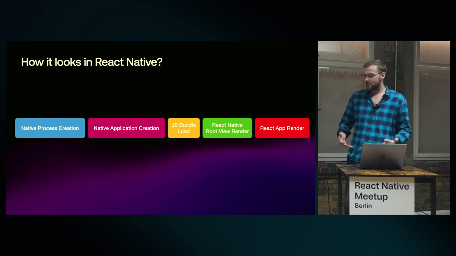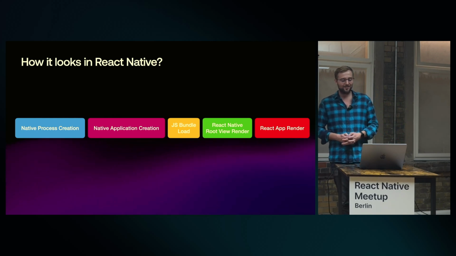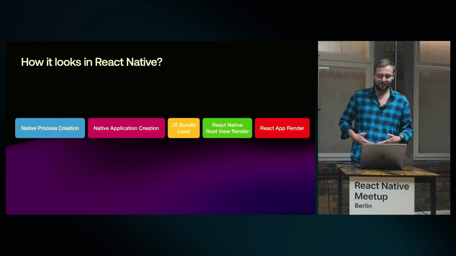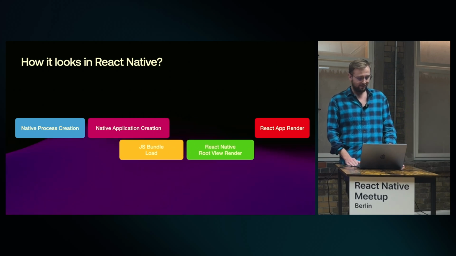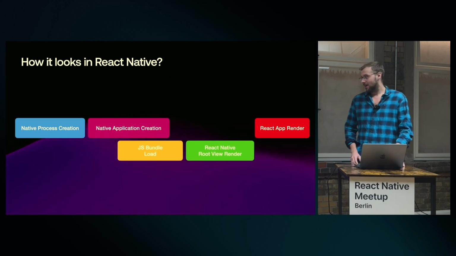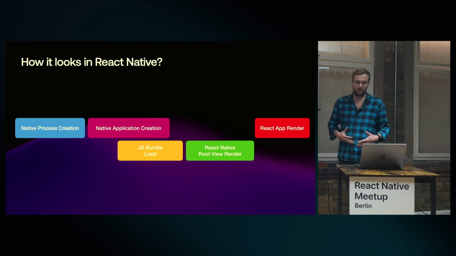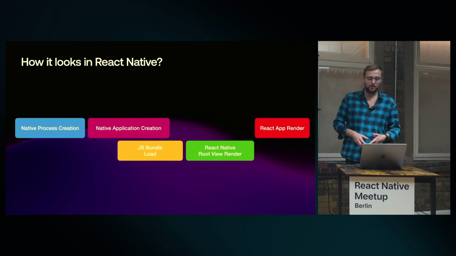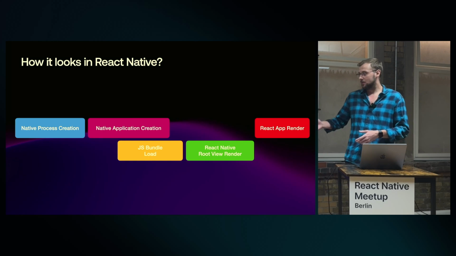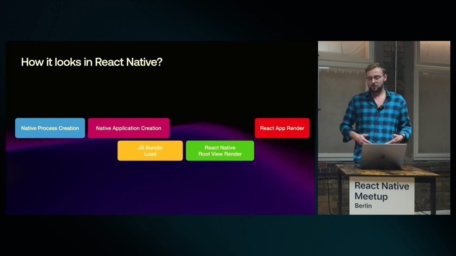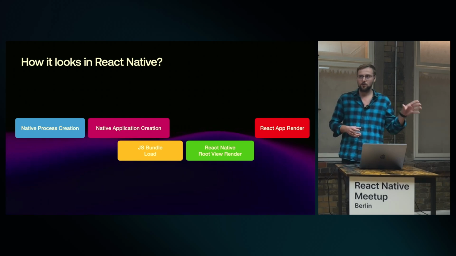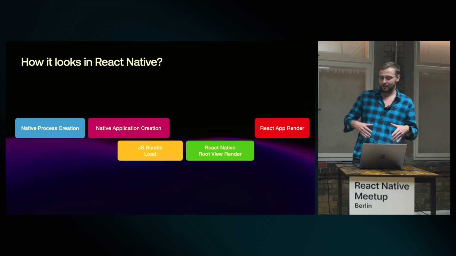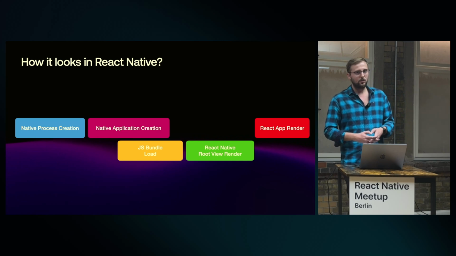And obviously, application startup in React Native can't be too easy, so let's complicate things a bit. Not all the components occur in sequence. As you can see on the slide, the loading of the JavaScript bundle usually begins when the process of creating the native app is executed.